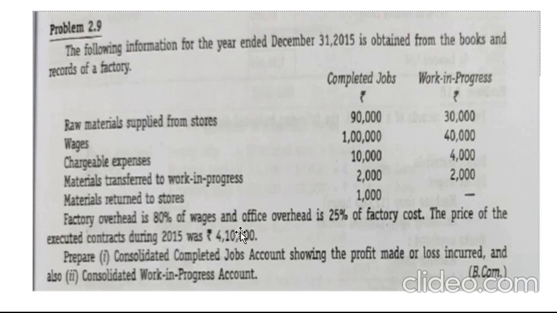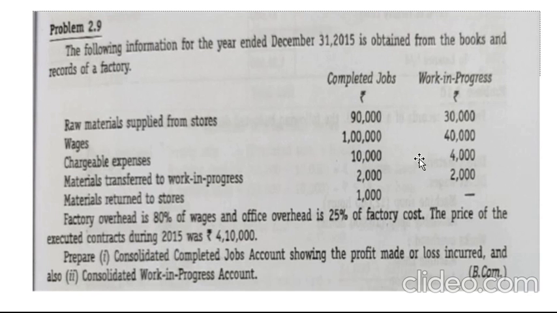So the question states the price of the executed contract during 2015 was rupees 4,10,000. They have stated the price of the executed contract means for the contract which has been rendered, the sale amount they have received is 4,10,000, which is for the year 2015. If you look in the first line, the following information for the year ended December 31st, 2015 is obtained from the books of records of the factory.